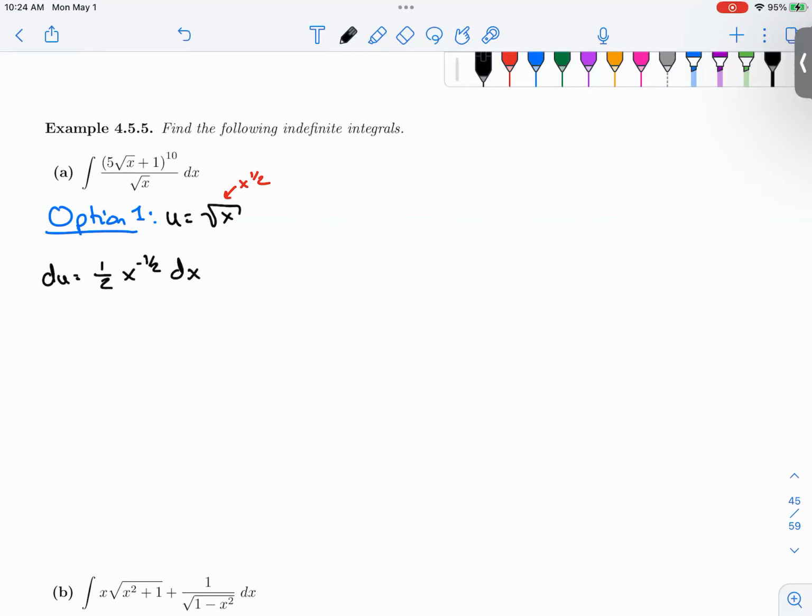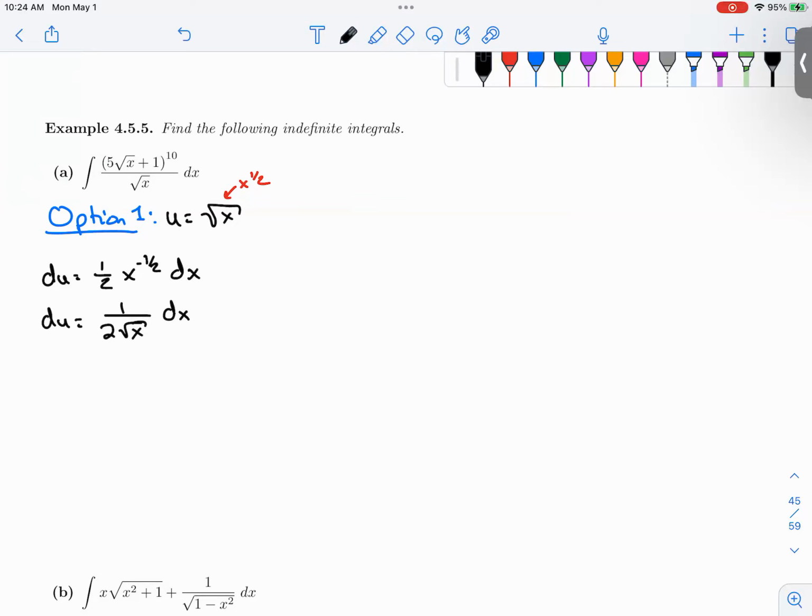Now, this is a situation where we should convert back to radical form to make it easier to understand. Rewriting that, du is equal to 1 over 2 square root x dx. Is that okay so far?